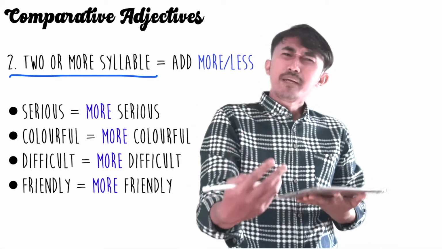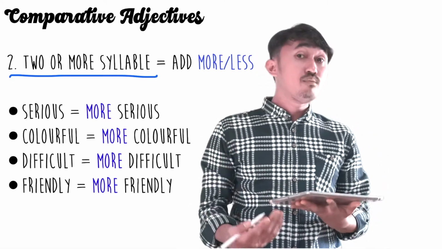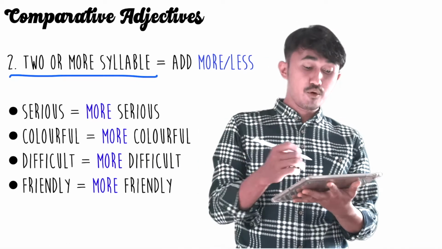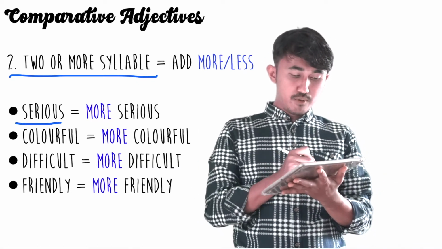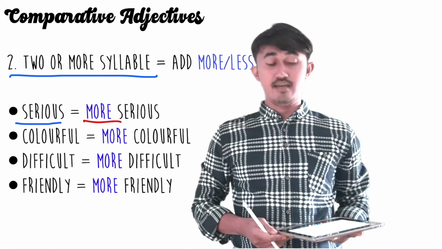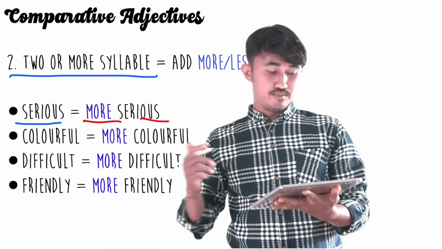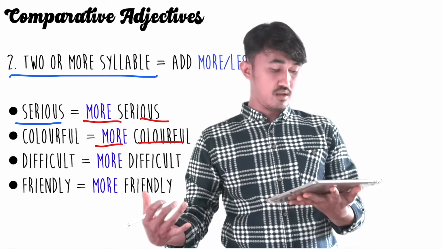So when you pronounce that, it will be more than one breath, two or more syllables. So you have to put more or less. For example, I have serious, so I have to put more serious. For example, colorful, more colorful. Another one, difficult, more difficult.